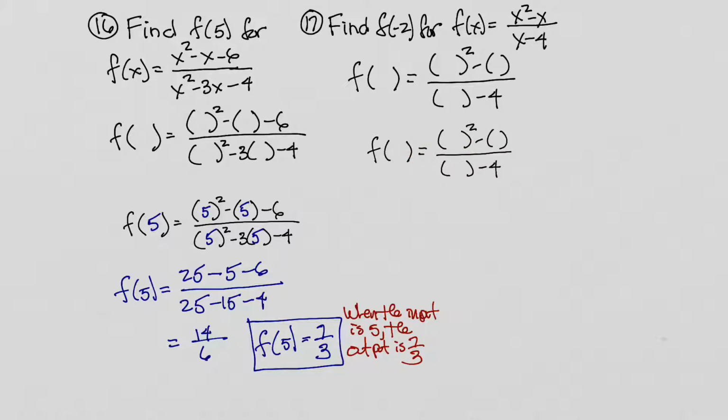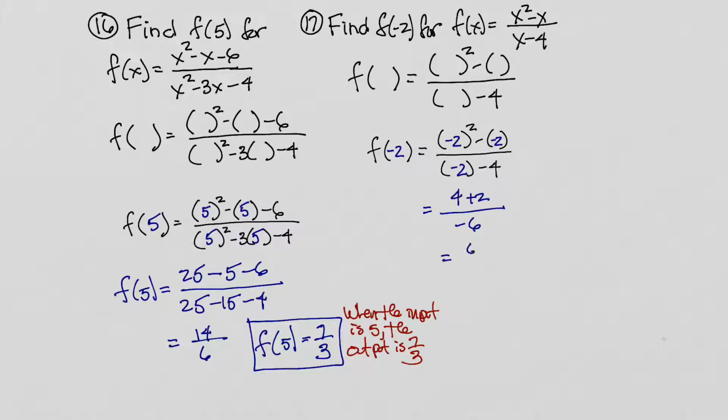So what we're going to do is put in negative 2. We want this at negative 2. So let's put a negative 2 here, a negative 2 here, a negative 2, and a negative 2. So this will give us negative 2 squared is 4, minus negative 2 is plus 2, over negative 2 minus 4 is negative 6.